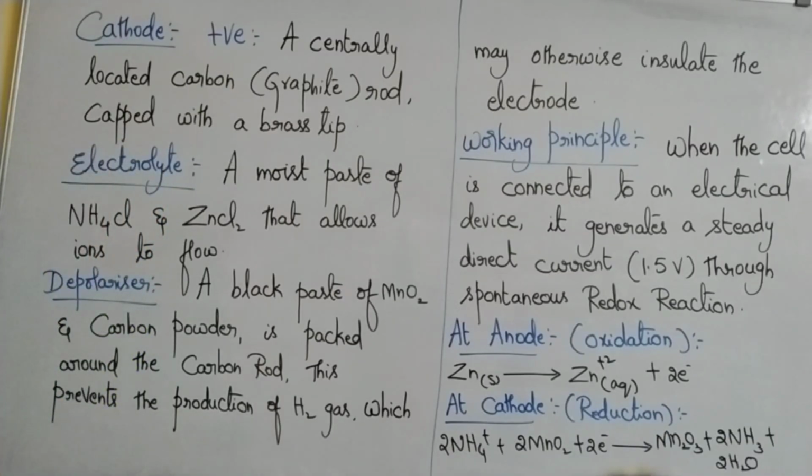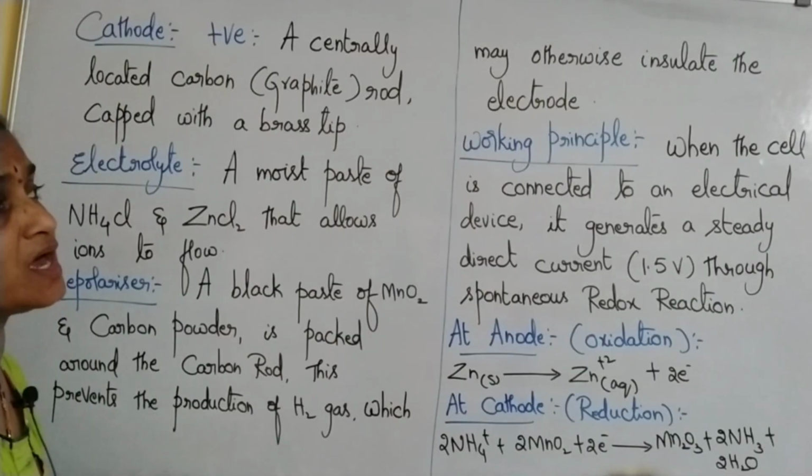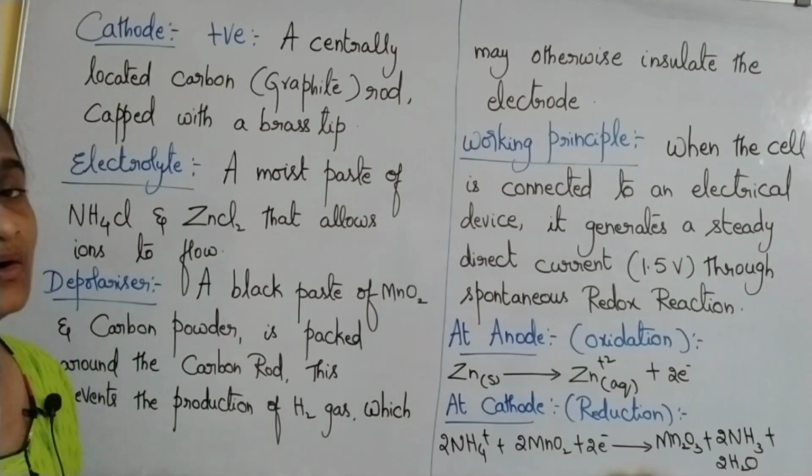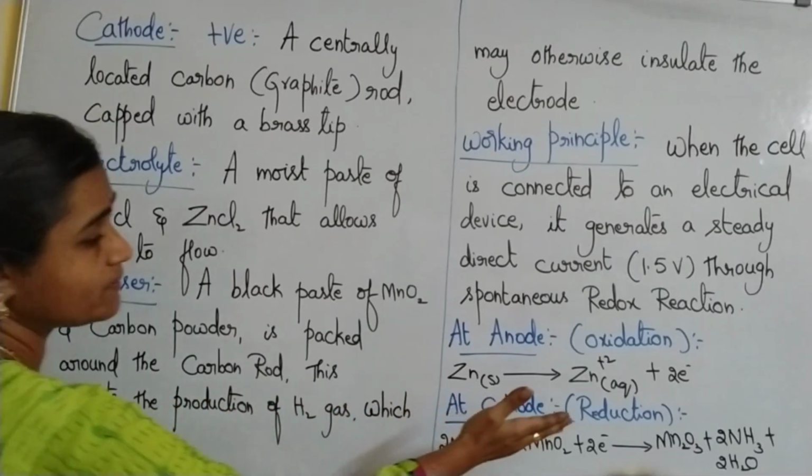And here we are going to use one depolarizer. A black paste of manganese dioxide or carbon powder is packed around the carbon rod. This prevents the production of hydrogen gas. That's why it is called as what? Depolarizer. It prevents the production of hydrogen gas, which may otherwise insulate the electrode. Now, see, hydrogen gas may be released.